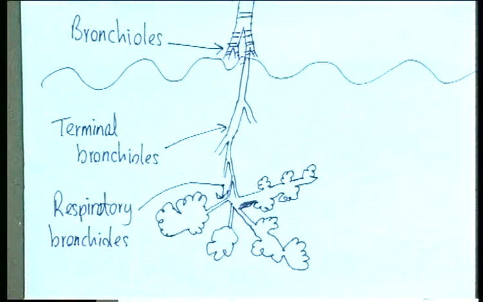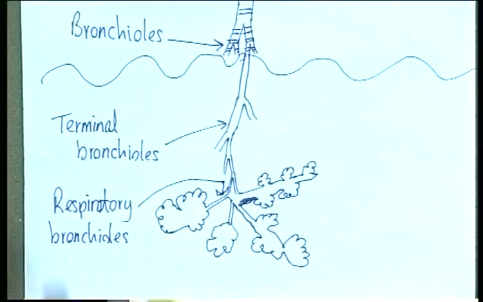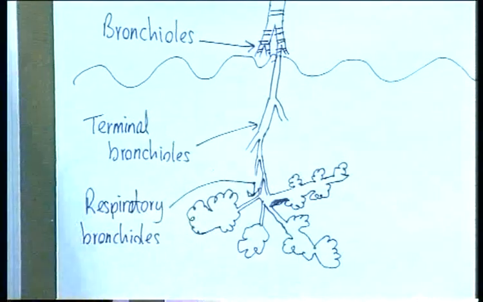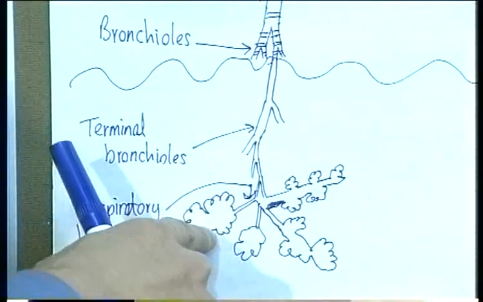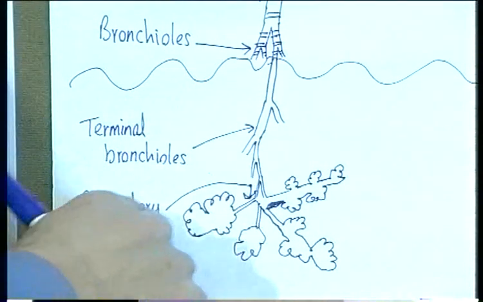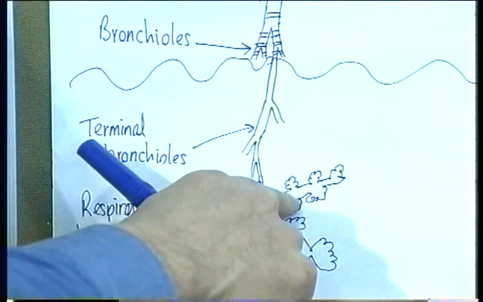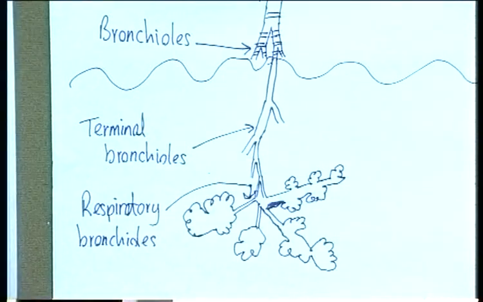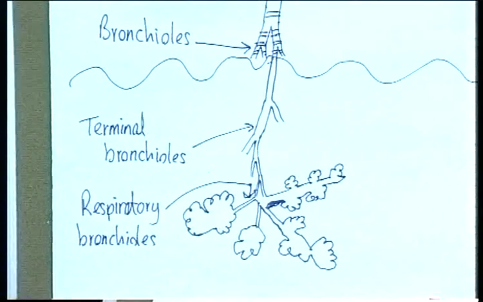We're coming on to the microscopic level. And here in the terminal bronchioles, which go into the air sacs, there are no rings of cartilage anymore. So the terminal bronchioles go down to the respiratory bronchioles, and the alveoli branch off from the respiratory bronchioles. So that's the nature of the airways that we're going to be talking about.